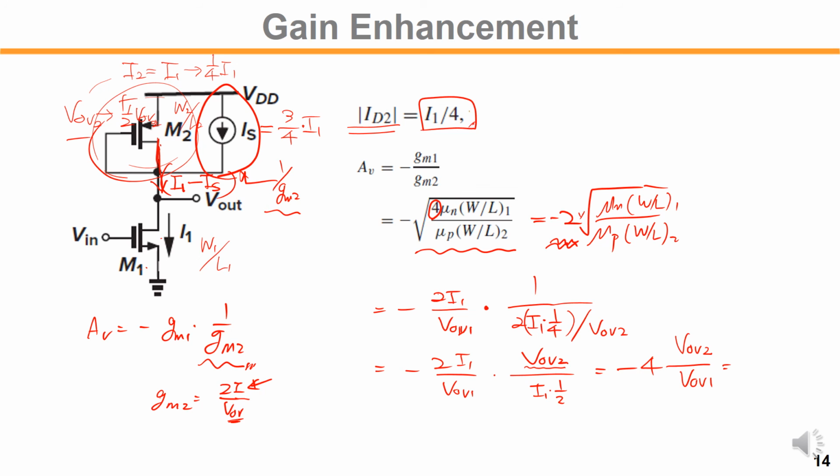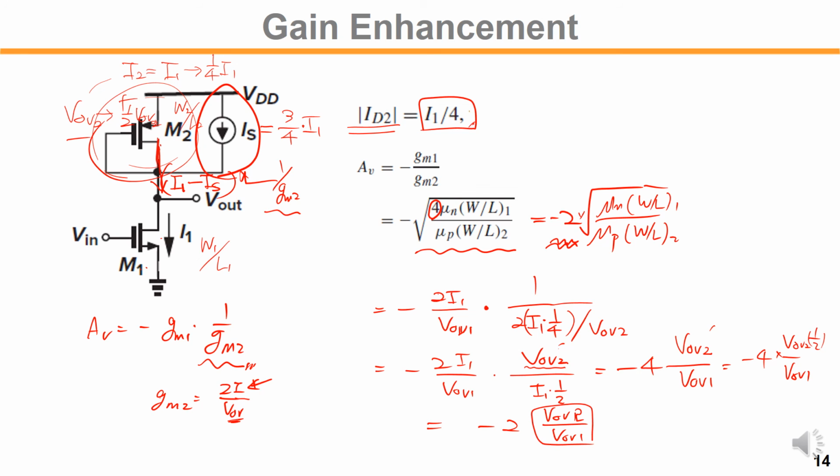So that results in minus 4 times the overdrive voltage, half of the original. So that gives us 2 times overdrive voltage 1 over overdrive voltage 1.